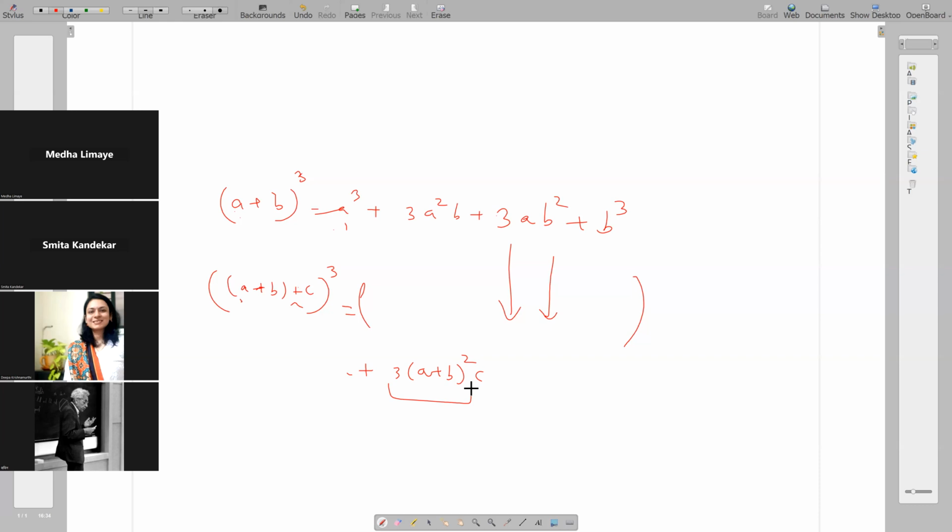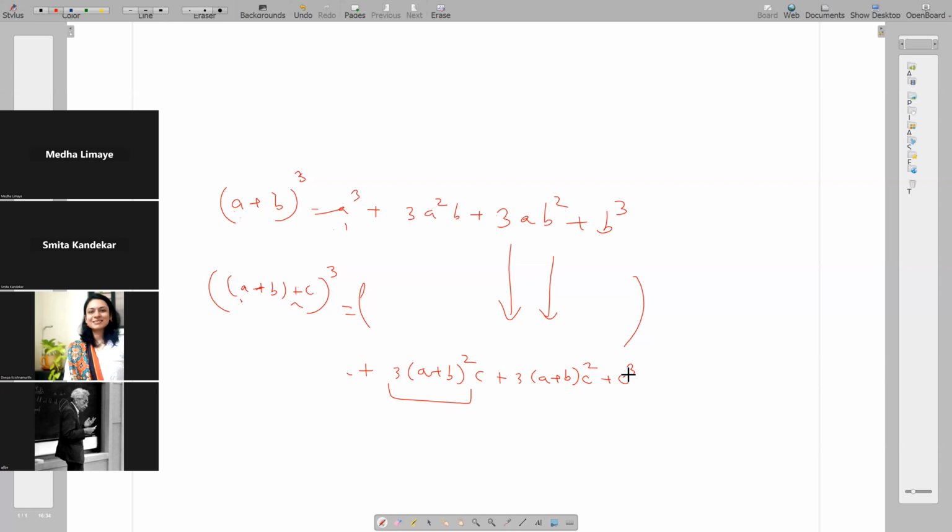So you divide whatever this minus this is by this, and you get C, approximately. Once you get C, you can subtract further 3 into A plus B into C square, and further subtract C cube, and then you get 0.